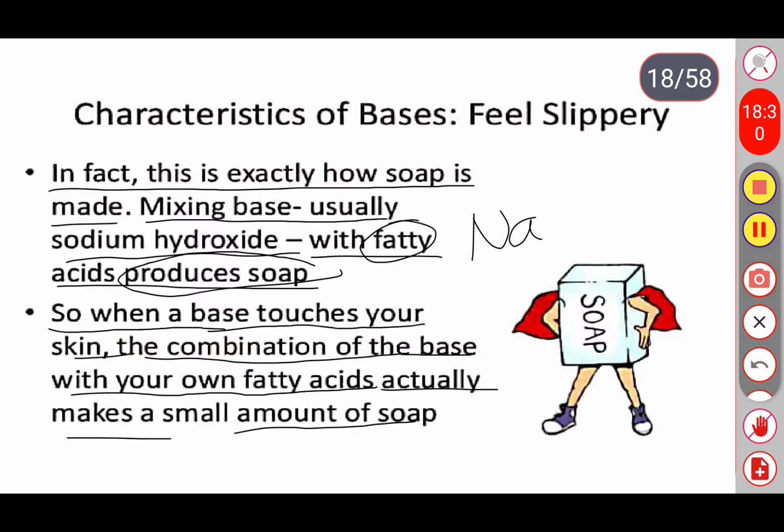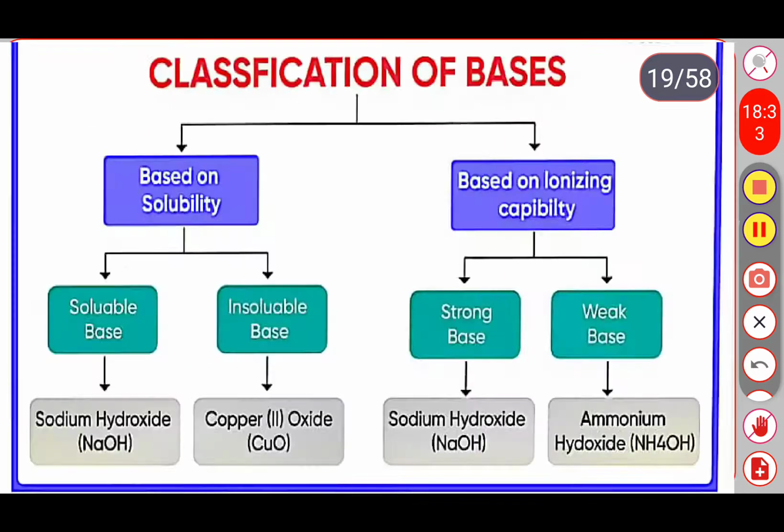Now see the classification of bases. On what basis are we going to classify the bases? We classify acids on the basis of the strength of the hydrogen ions present in the solution, as strong acids and weak acids, or concentrated acids and dilute acids, or oxyacids and hydroacids.